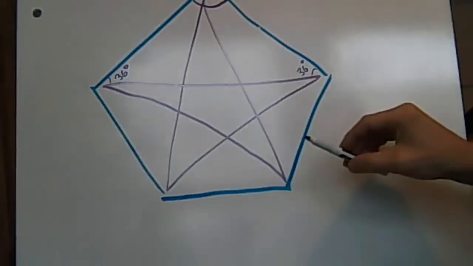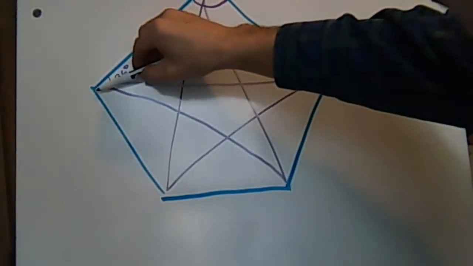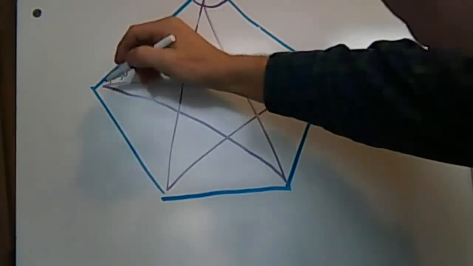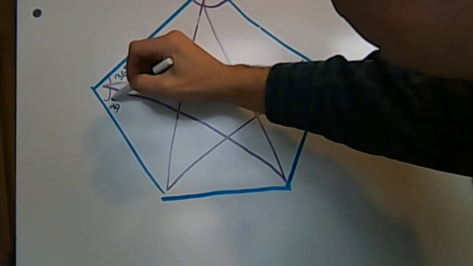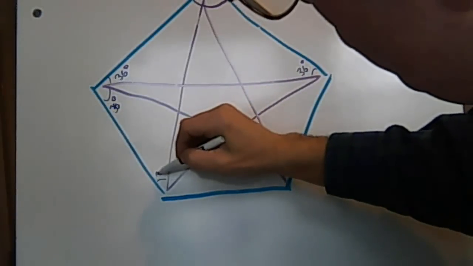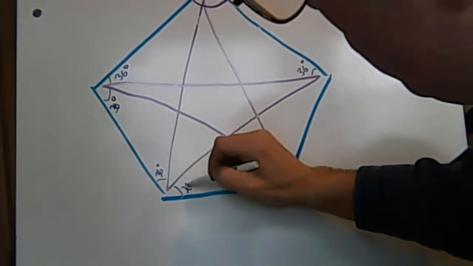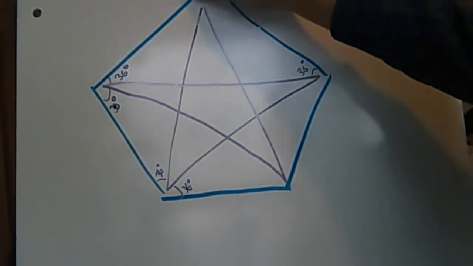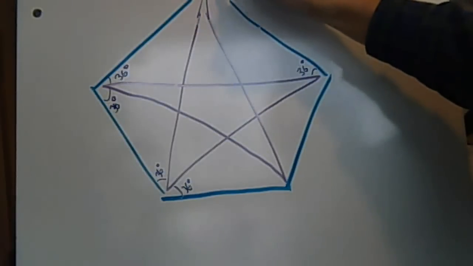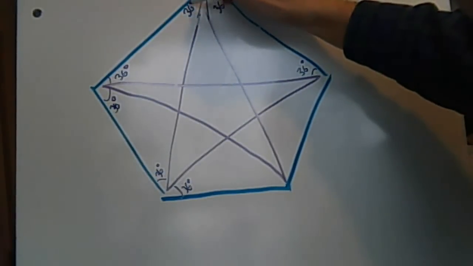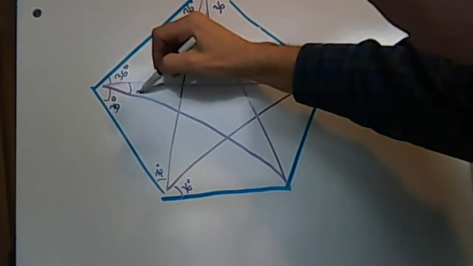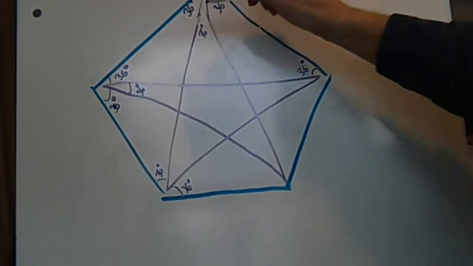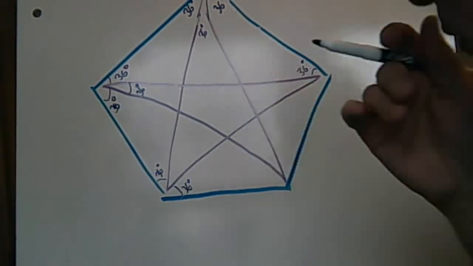Because this is so symmetrical, you have 5 of these identical isosceles triangles, and it turns out that all of these are 36 degrees. And because the total is 108, that means the middle one is also 36 degrees. So there's a ton of 36-degree angles in this pentagon.